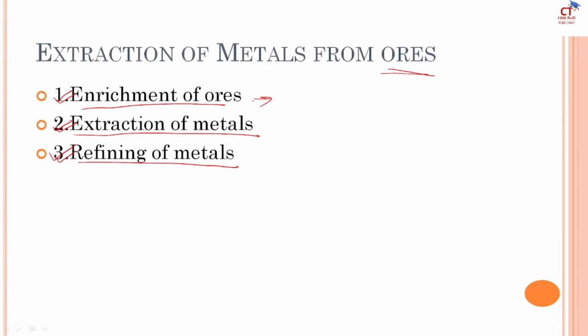Okay, enrichment of ore is basically extraction. That is, we take the ore and then extract it. How is this done? This is done by leaching. These are basically methods.